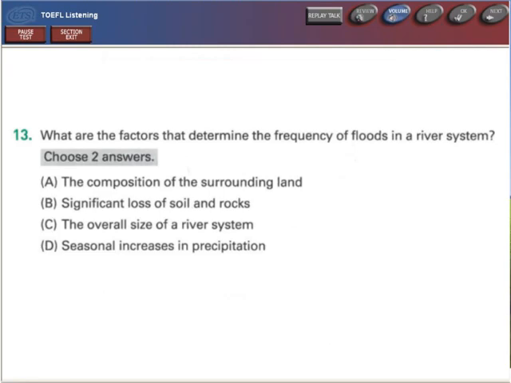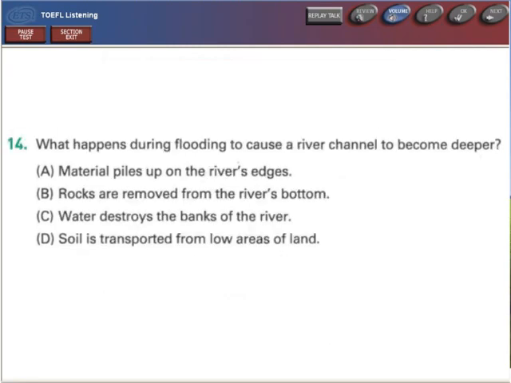What are the factors that determine the frequency of floods in a river system? (14) What happens during flooding to cause a river channel to become deeper?